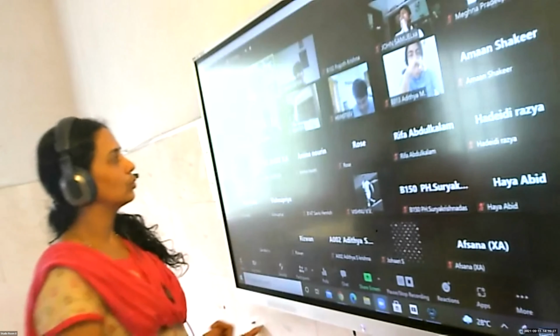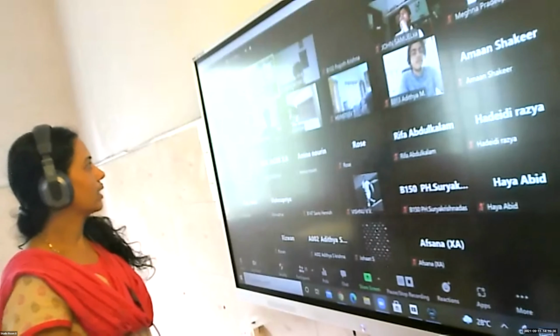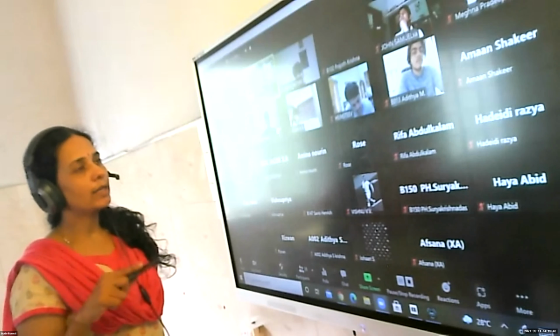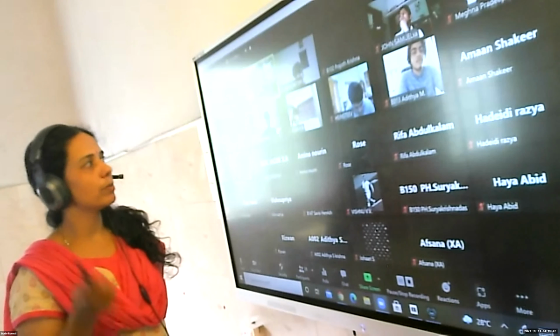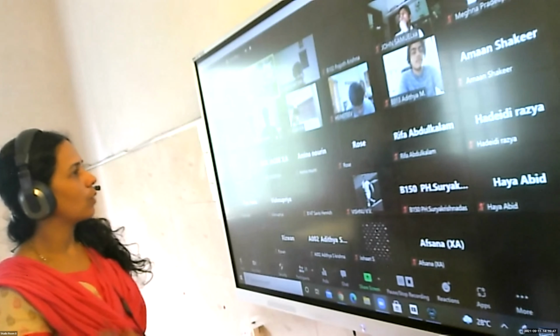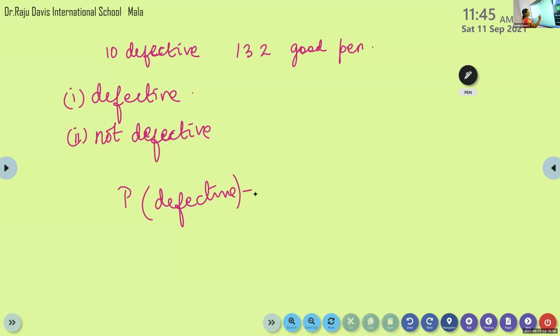Why 142? When you add these two numbers, you get the total number of pens. 10 defective pens were mixed with 132 good pens, so the total number of pens is 132 plus 10, which is 142. So the answer is 10 by 142.